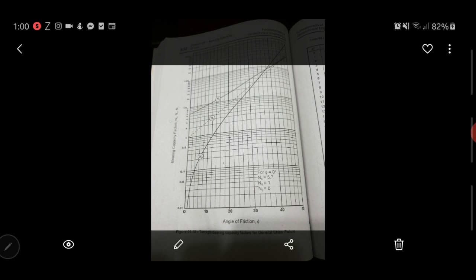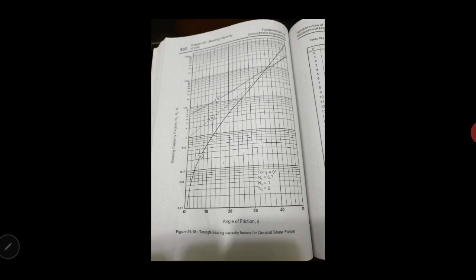So here is a table representing Terzaghi's bearing capacity factors for general shear failure, and this is how the graph looks.